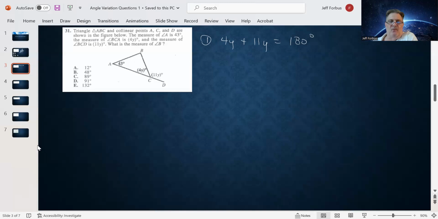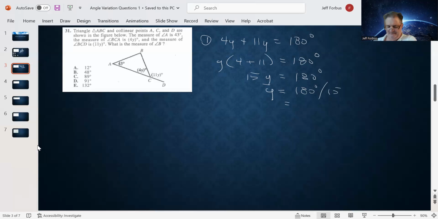So let's factor out the y. Y times 4 plus 11 is equal to 180. 4 and 11 is 15. So 15y is equal to 180 degrees. Y is equal to 180 degrees divided by 15, which gives us a value of 12. So y is 12.